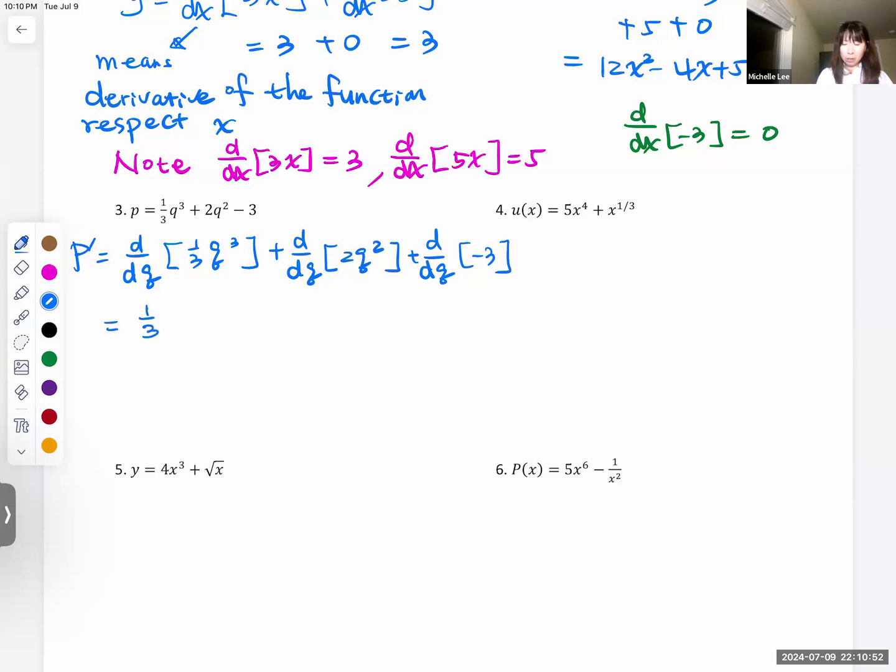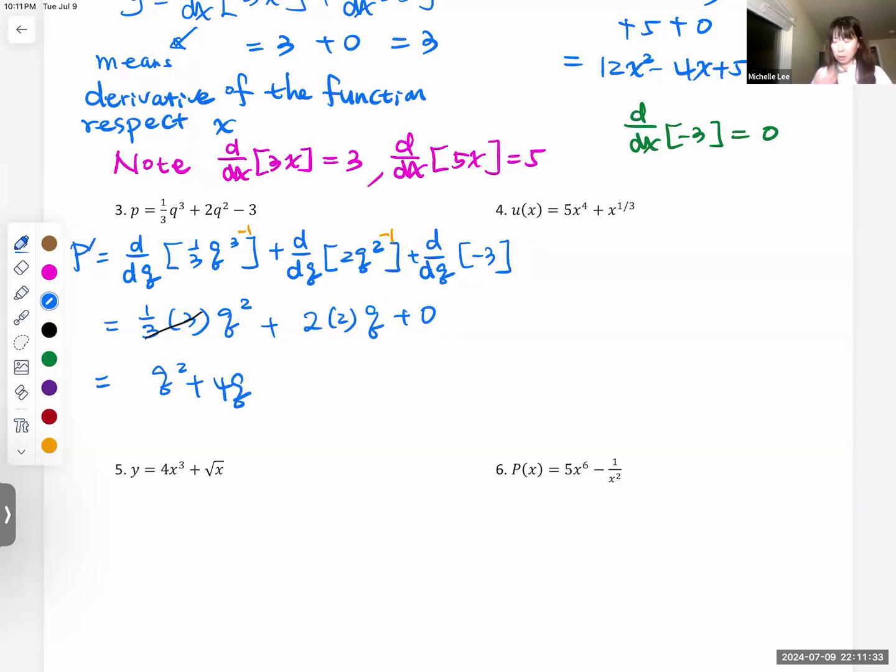We keep the coefficient, drop the power, and reduce by 1. Let me write down reduce by 1 because I'm using color. So q to the second power. For the second term, keep the coefficient, drop the power, reduce by 1, so q to the first power, and then the third term is 0. Okay, we can simplify, and we have q squared plus 4q, right?